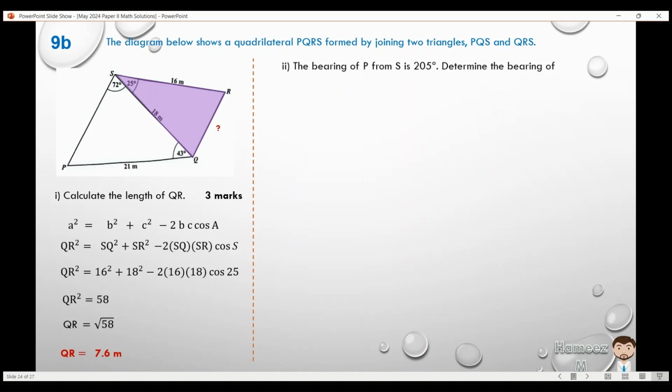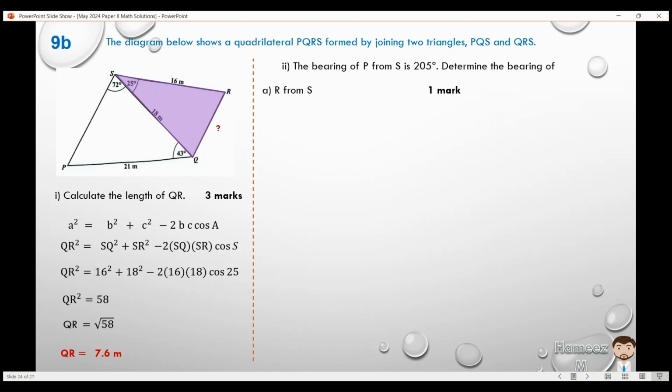The bearing of P from S is 205 degrees. So if we're saying the bearing of P from S, it means that we're standing at S, facing north, and we're turning to the right in a clockwise direction until we face P. And that angle that we cover there is 205 degrees.